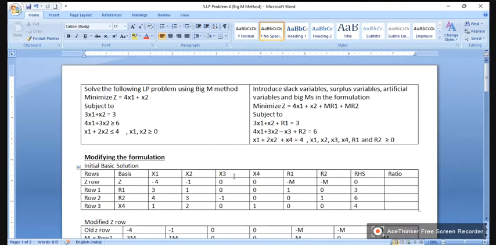For example, 8 is less than 10. So we can make it equality type if we add 2. 8 plus 2 is equal to 10. So there 2 is slack. Slack means deficit.